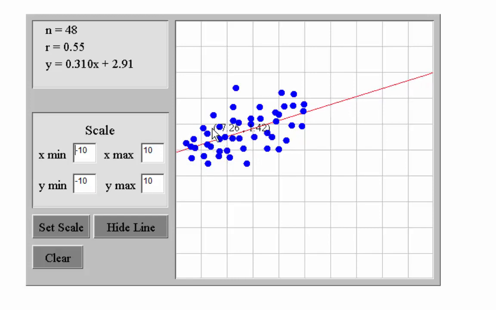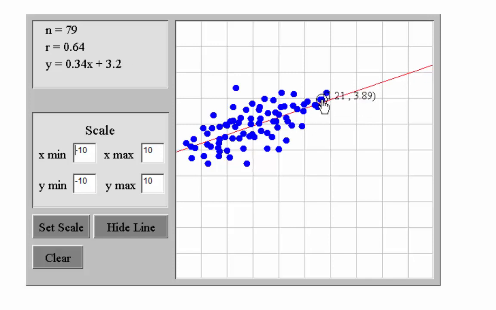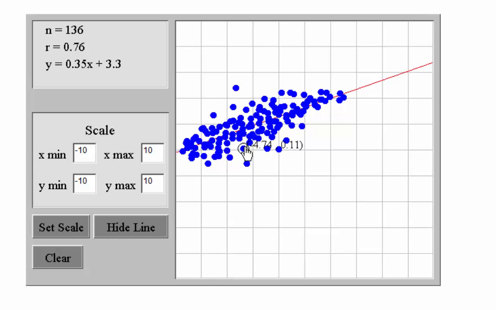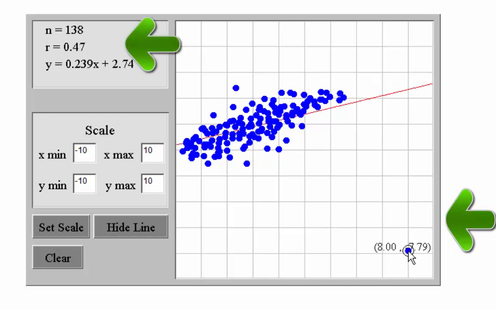And as the R value increases, you can begin to see a more linear pattern to the data. And if I put an outlier way out here somewhere, watch what happens to the R value.